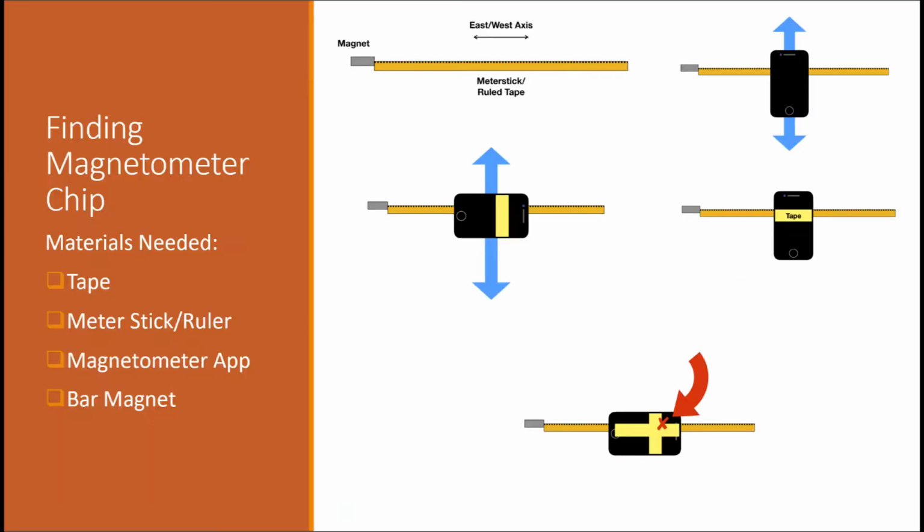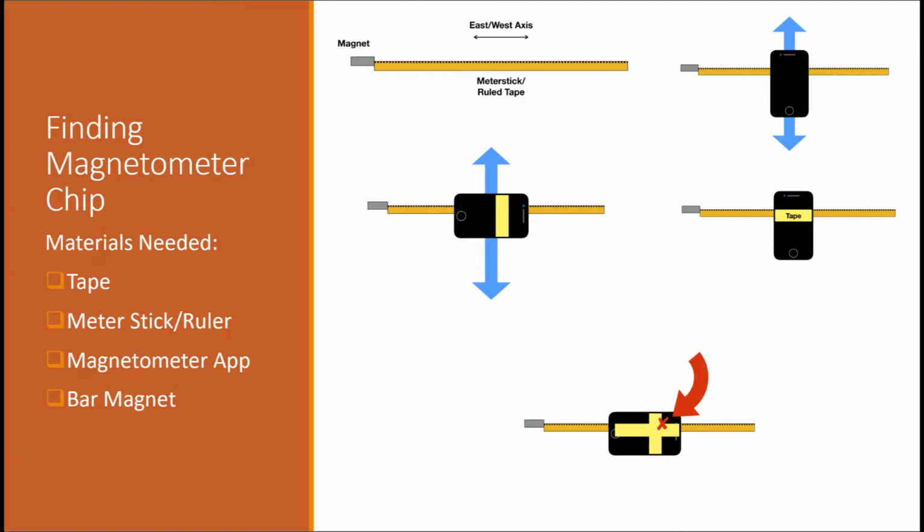Next, we're going to need to find the magnetometer chip. I use the bar magnet, a meter stick, and the magnetometer app as well as tape. So to set this up, you're going to set the meter stick down on the table and put the magnet laying parallel to the meter stick.